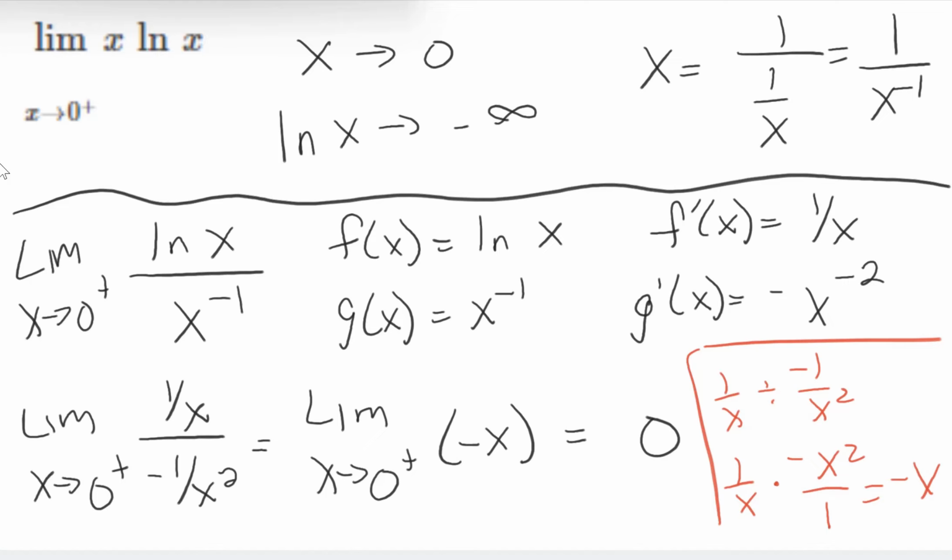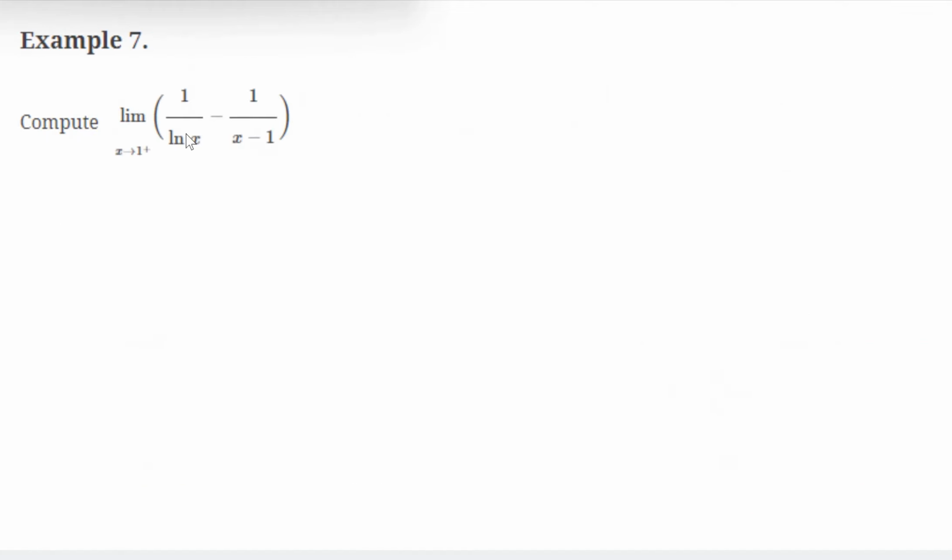So then you would get negative x squared over x, which reduces just to negative x because you subtract the exponents.